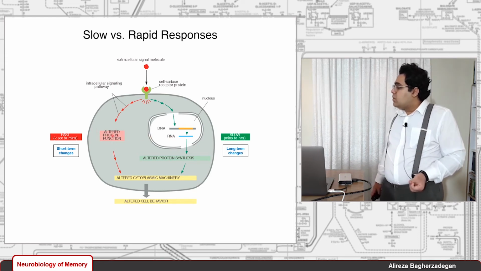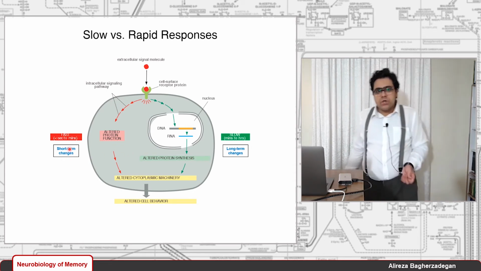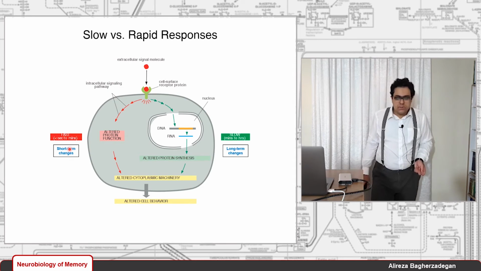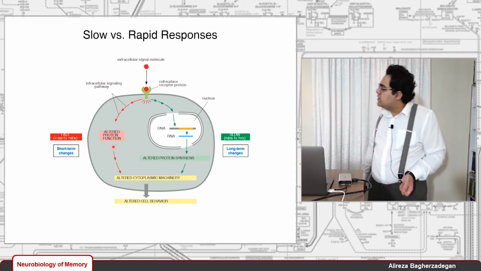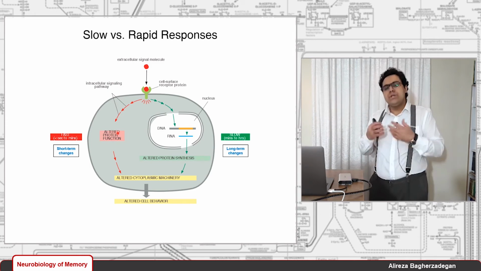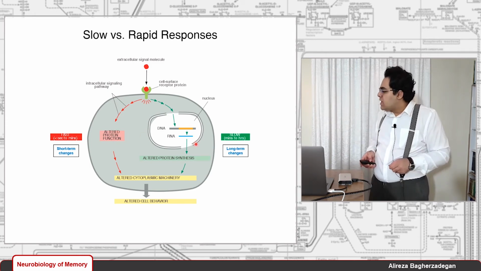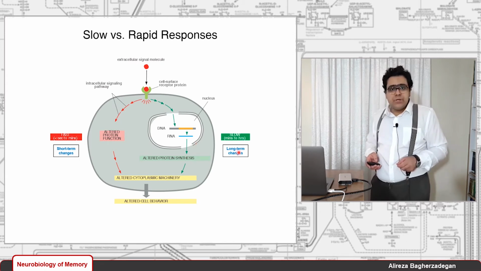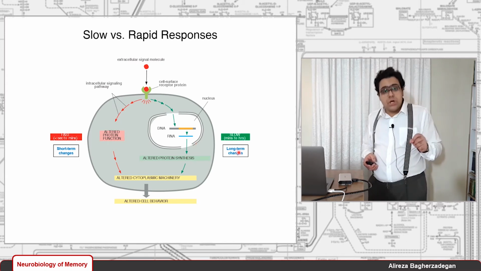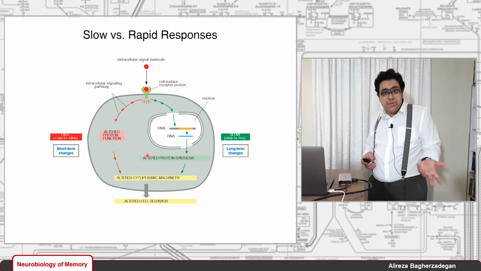There's another way to name these two changes. Short-term changes are usually functional changes, okay? As we had here, there's an altered protein function, so there's a functional change. That's why it's short-term, and it also happens very fast. But long-term changes are also called structural changes. Why structural? Because we have synthesized new proteins.